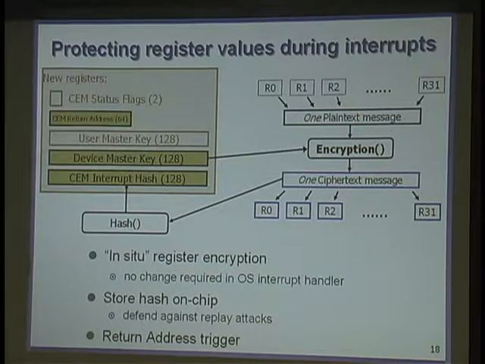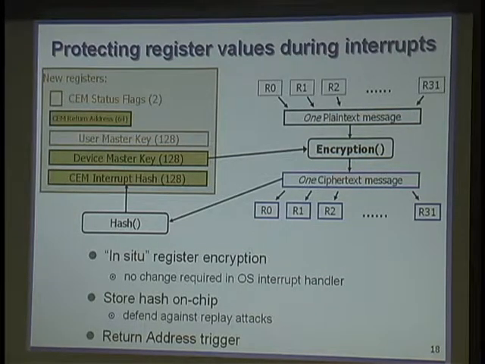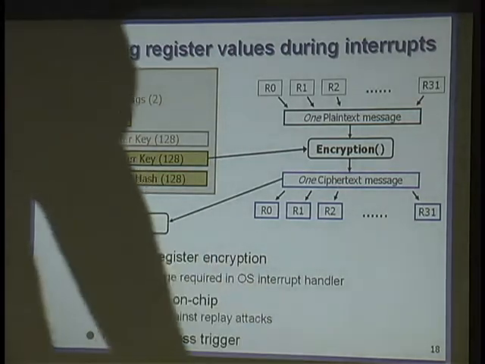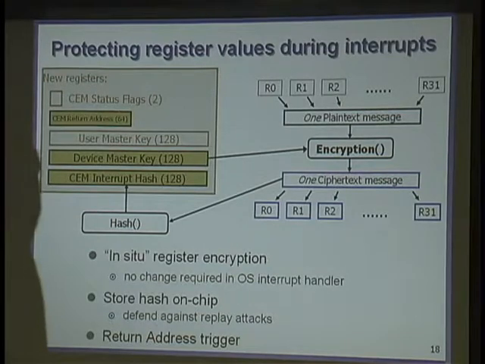And the SP hardware will check on a return from interrupt that it was the correct return address of this SEM interrupted thread and that the register contents were the same. So the only thing the OS can do is replay the same register contents, which is fine. It cannot replay a different set. Okay, and that's how we protect the registers.